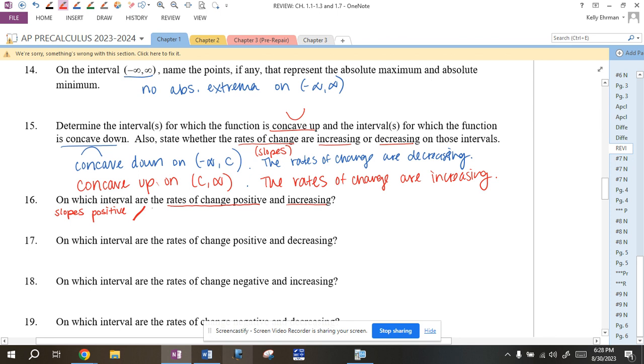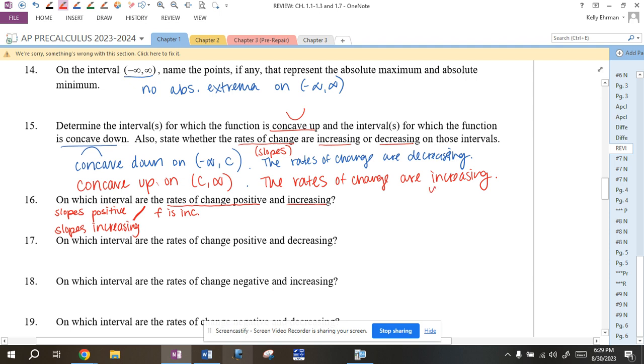Your positive slope represents a function right now. Is that function increasing or decreasing? That function, f, is increasing if its rates of change are positive. So we're looking for a part of the graph that's increasing. And the slopes are increasing, it says. Not only are the slopes positive, but they're increasing.